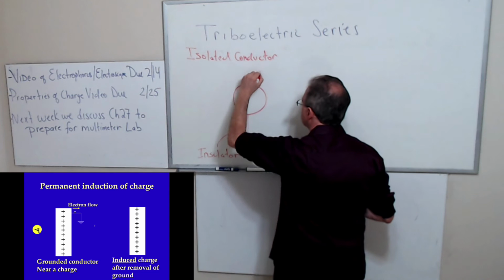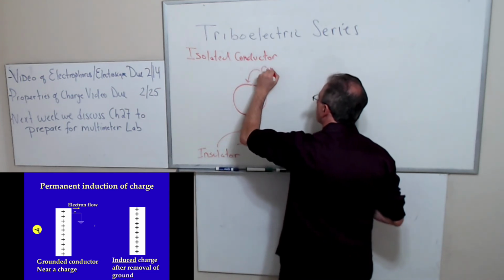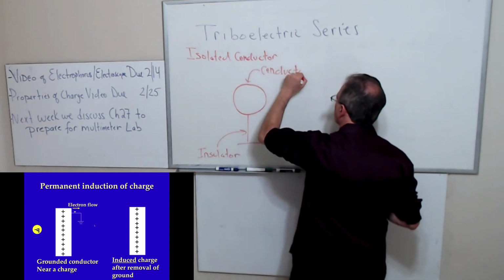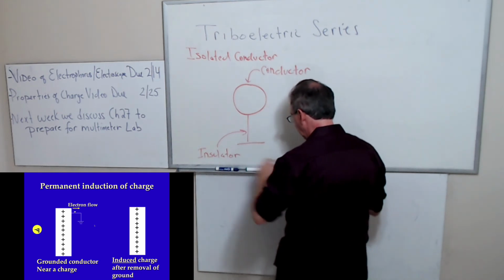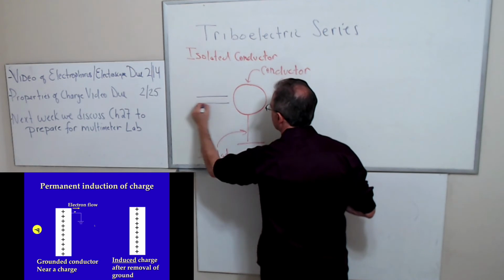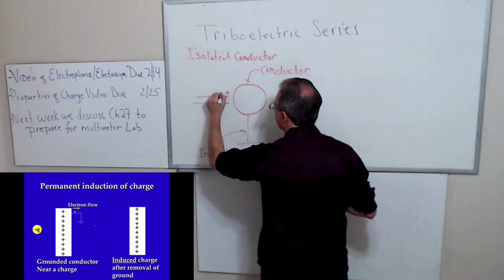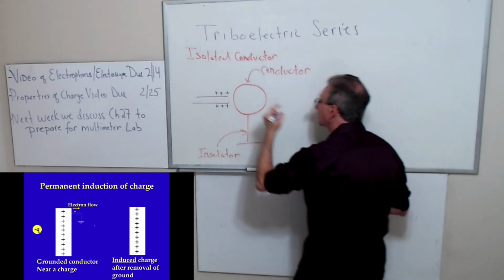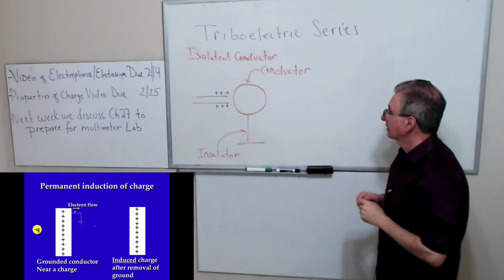This is a conducting sphere. And just for fun, we'll make this rod positively charged. Let's pretend it's a glass rod. I bring it near this conductor.